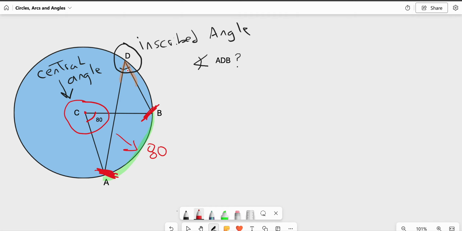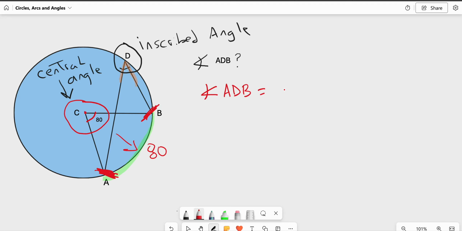But this arc also is being intercepted by this inscribed angle. And we know from the theory that an inscribed angle is equal to half the measure of the arc. So this angle here, A, D, B, is equal to how much?